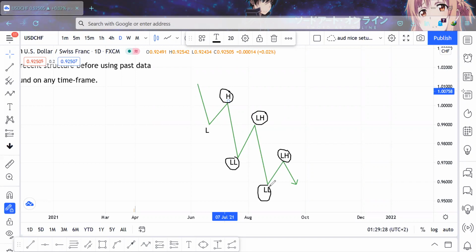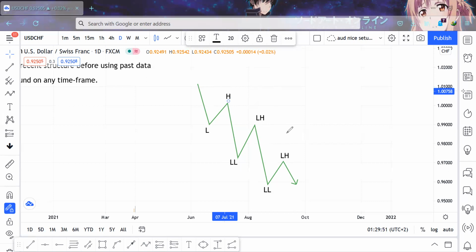Because once you have identified these levels, identifying that this level here is actually higher than this one here, and this one here is actually higher than this one here, right? This will actually give you the opportunity to identify in which direction you are trading the market, right?